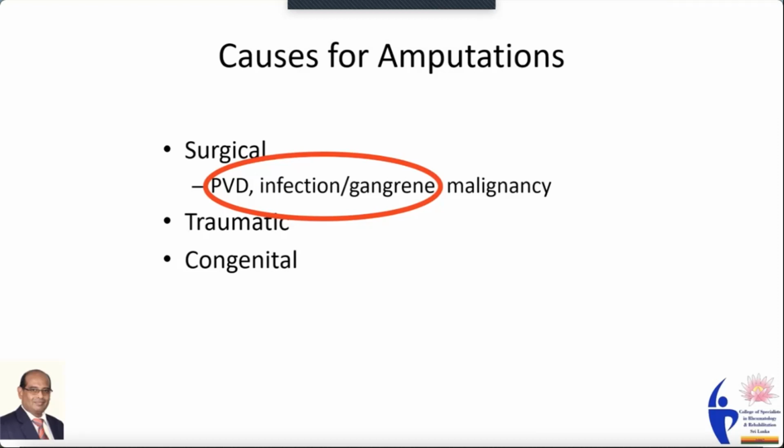With the increased pandemic of diabetes and cardiovascular diseases now in our community in such proportions, peripheral vascular disease, infections and gangrene are becoming major reasons for the amputations which are referred to us. Of course, we still have traumatic amputations, and rarely congenital amputees are also shown to us.